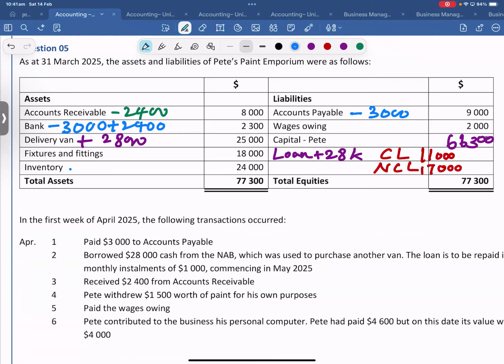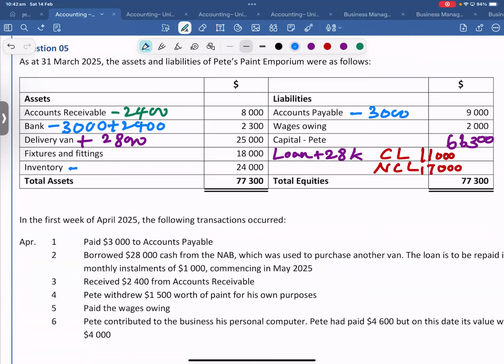Your capital increase or decrease? Since you're withdrawing it for your own purposes, would it increase? No. When the owner withdraws, what happens? So his claims on the assets will decrease. Because you're separate from the business. Correct.